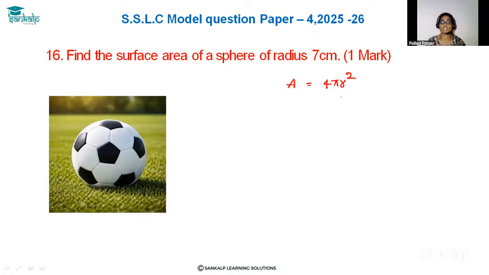So here radius of the sphere is given. So this is equal to 7 centimeter. Substitute this value into the equation. So we'll get 4 into pi value 22 divided by 7 into 7 into 7.